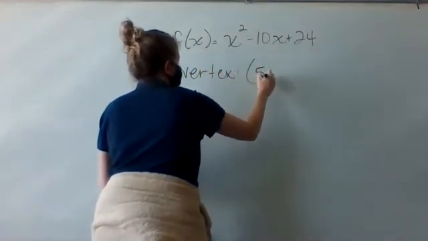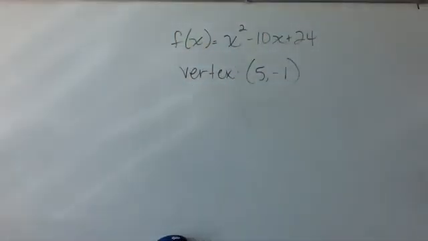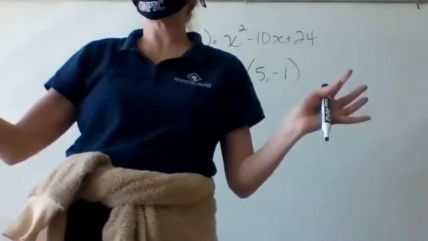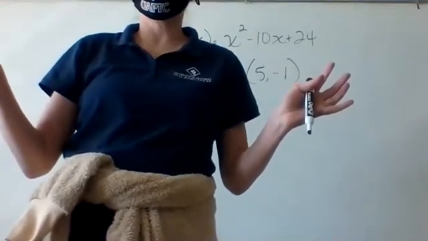Where the vertex is, and if anything, the vertex might be a 0.5 decimal, but if you get something like 2.6942, then something's wrong.